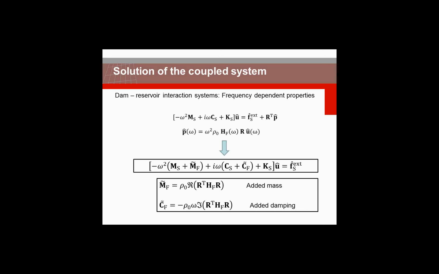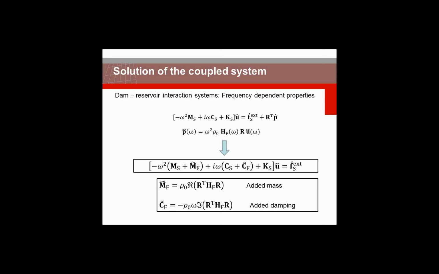And the most interesting thing of this approach is we can clearly see that the influence of the fluid over the solid domain can be understood as an additional mass introduced to the system and an additional damping introduced to the system.